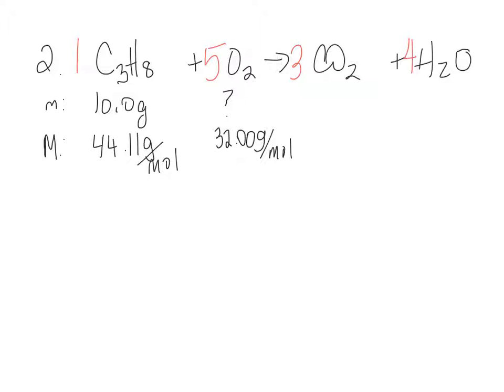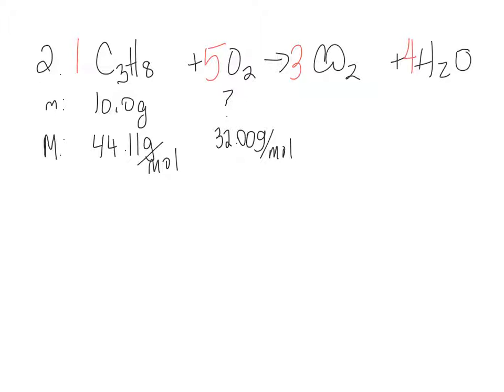So who do we have the most information about? You've got 4 choices up there. You can narrow it down to 2. Which one do we have the most information about? C3H8. And which one do we want information for? Oxygen. So those 2 substances are going to be in your mole ratio.